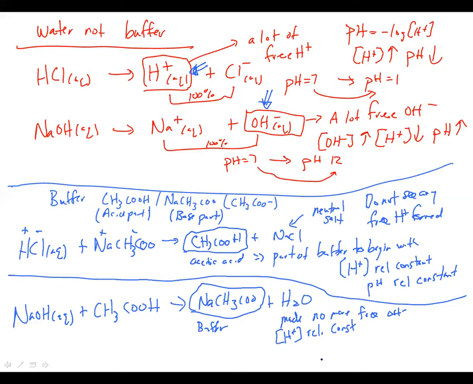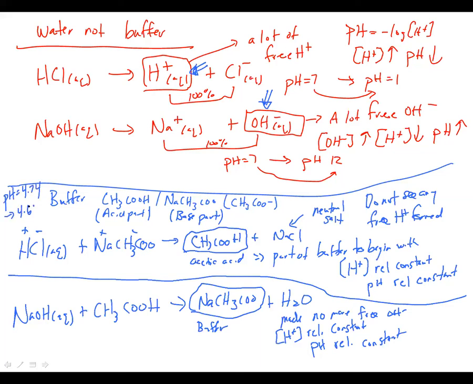Because the H plus concentration and the OH minus concentration are relatively constant, the pH itself will also remain relatively constant. I say relatively constant because, as I talked about, you will actually see a slight jump up or down in the pH when you add an acid or base. For example, if our pH started at, say, 4.74 and you added the acid, maybe it goes to like 4.65 or something like that.